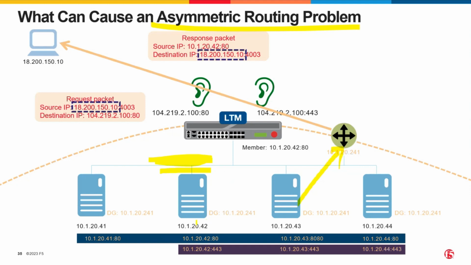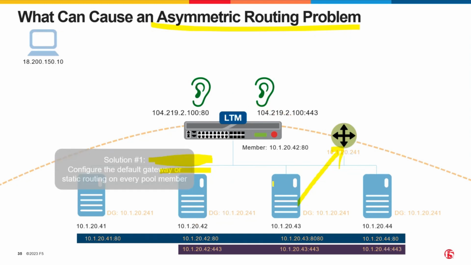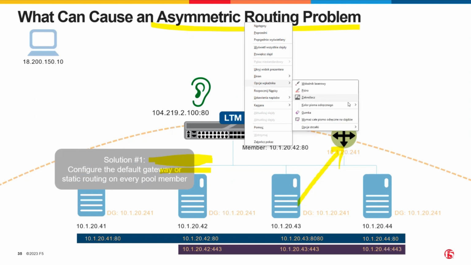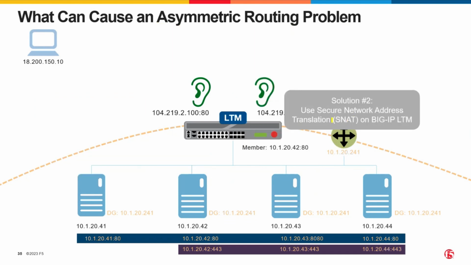So what we have to do in most situations is configure something called secure network address translation, but most of the time we call it source network address translation, because we are translating the source IP of the packet coming in from the BigIP to our backend server.